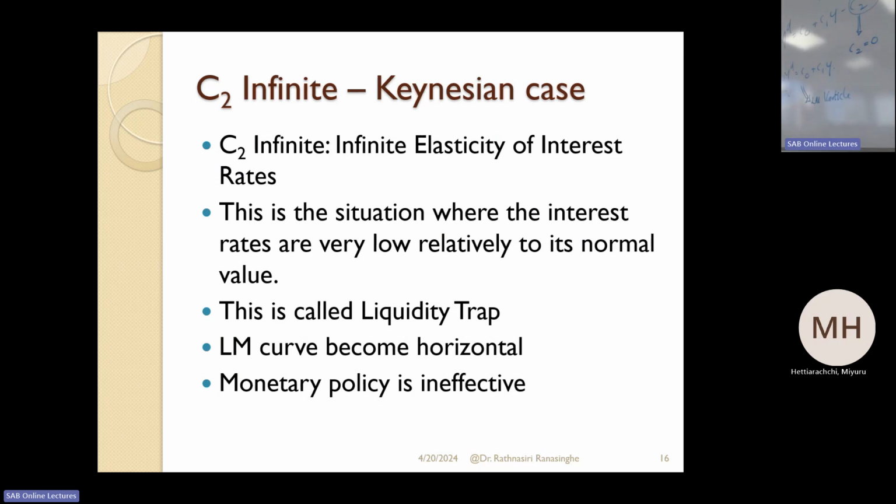Under that, C2 is infinite, so the LM curve becomes horizontal. Under these circumstances, if the LM curve is horizontal, monetary policy is also not effective.